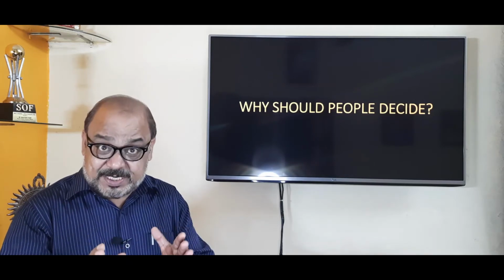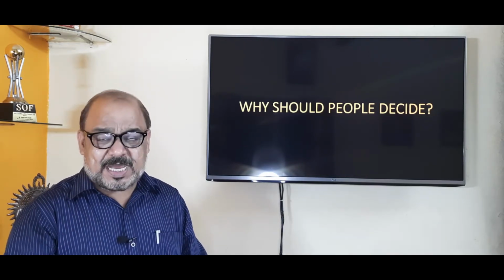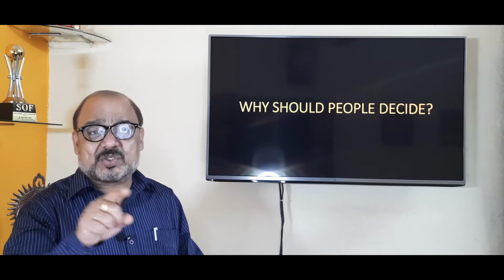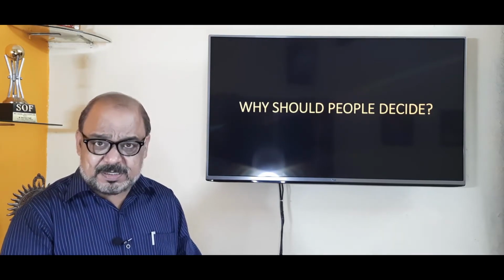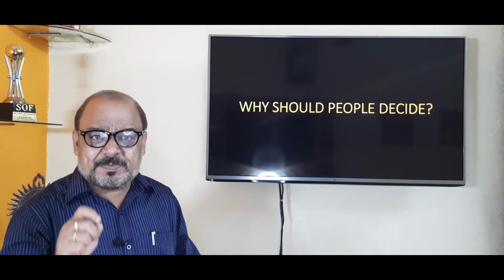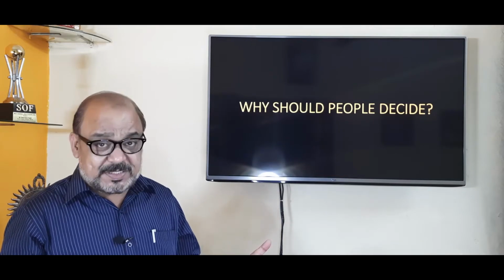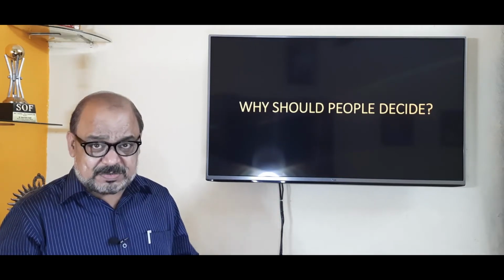People should decide because it's democracy. And in democracy, people are the source of power. Democracy is the government of the people, for the people, and by the people. I have told you previously also, earlier also.